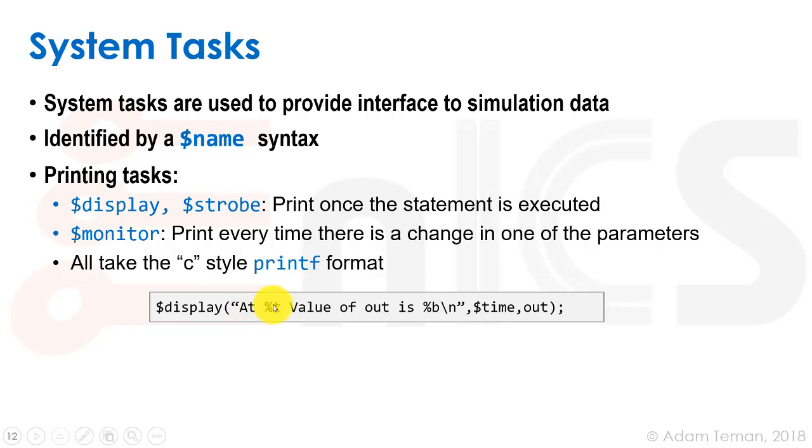Inside the quotation marks, we use this percentage type of thing, which you probably are familiar with from C. So you write "@%t, value of out is %b\n", and then %t maps to $time, which returns the time of the simulation, etc. And %b returns a binary number, which is out, the signal out. That type of thing can help us debug and print inside our simulation, though we can also use waveform viewers, which give us a graphical user interface to look at these things.